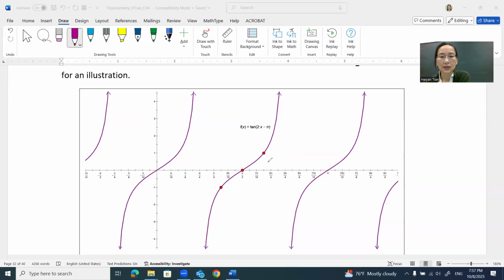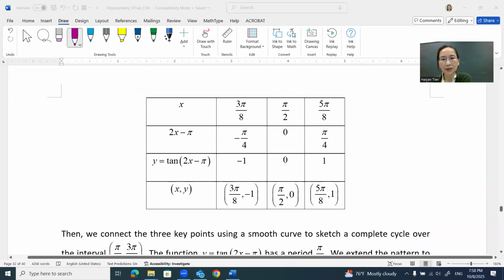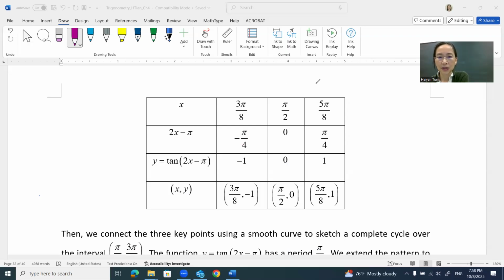Then you can see on this point there's another key point based on our discussion. So this finishes one period. Of course, giving a table is very convenient because that way you can get a more clear picture.